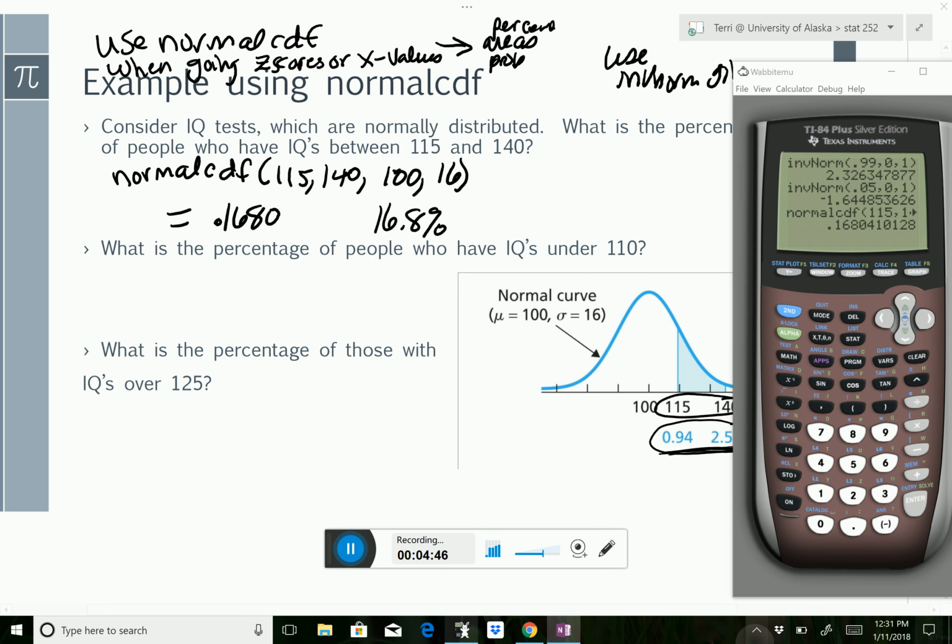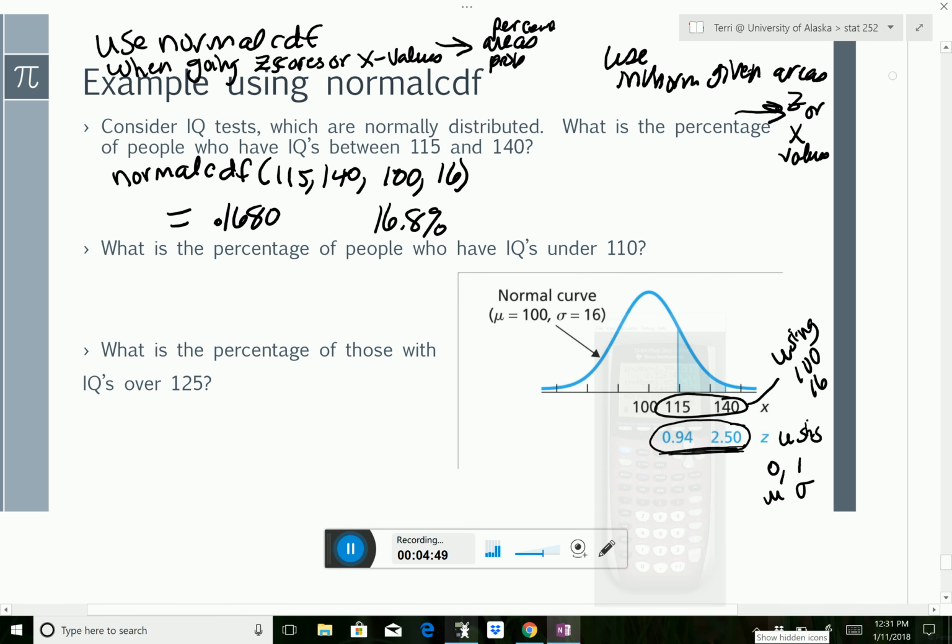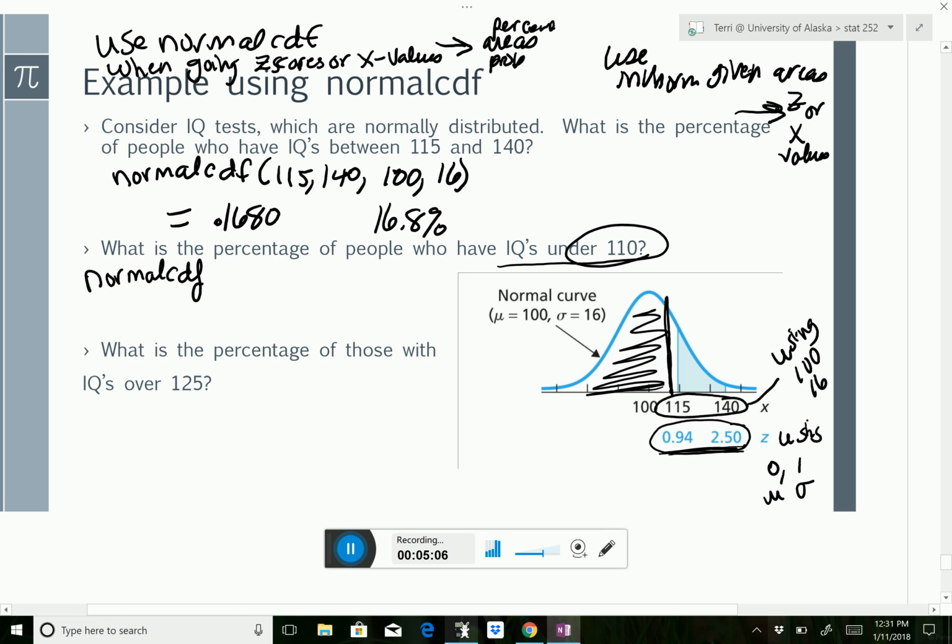So what is the percentage of people who have IQs under 110? So 110 is going to be right in here somewhere. So we want this area below this. Okay, so what we're going to do is normal CDF, and we want below 110. So we need to make sure this over here is more than 5 standard deviations below the mean. Well, 5 times 16 is 80.